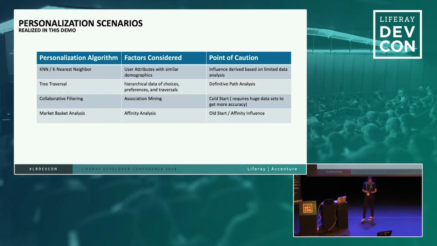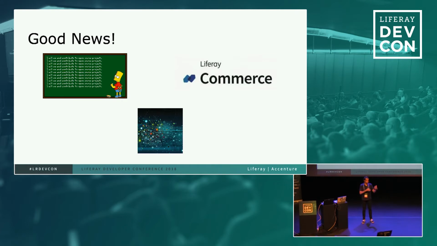Okay, so let me tell you the good news about what you saw here. I've already mentioned that this will be enabled for Liferay Commerce. The good thing also is that everything that you saw will be open source on GitHub, even if it was built by Accenture.